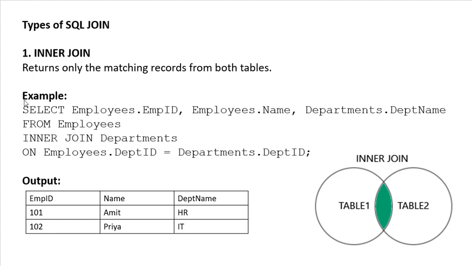Let's check the example: SELECT employee.employee_id, employee.name, and department.department_name from the department table, FROM employee INNER JOIN department ON employee.department_id equals department.department_id, followed by a semicolon. The output shows the employee ID, name and department name, found using the department ID.